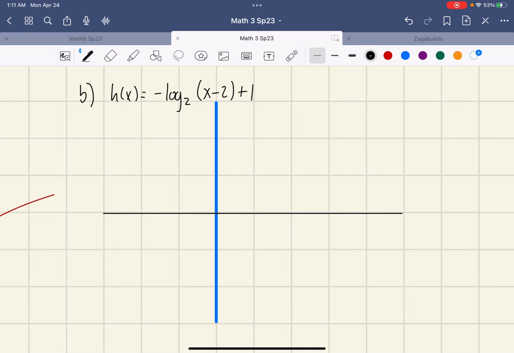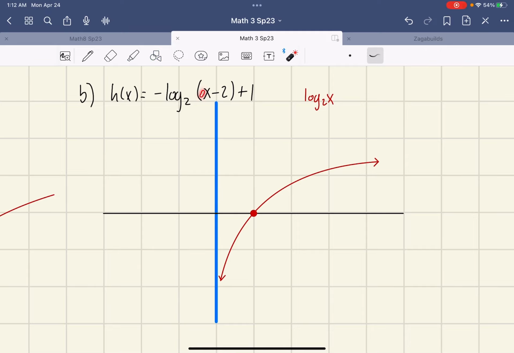I have my graph. My parent function here is log base 2 of x. That's my parent function, log base 2 of x, which means there's a point here at 0, 1. And once again, this is my rough sketch of the graph of my parent function. All right, gradually grows, gradually goes down.